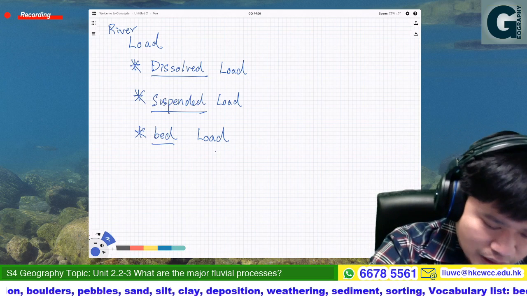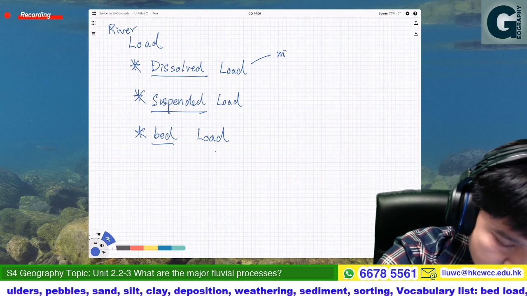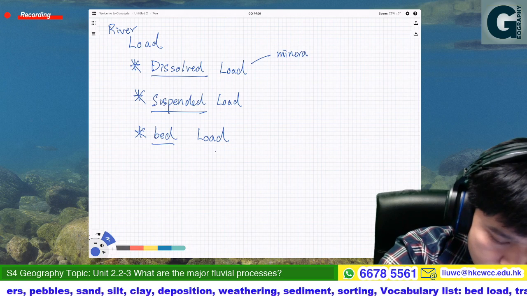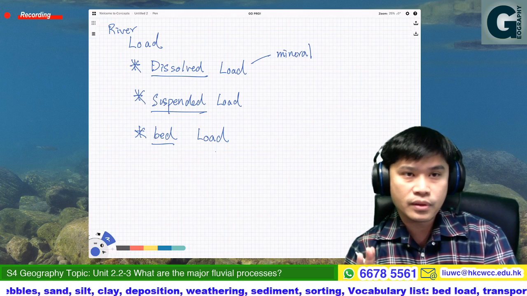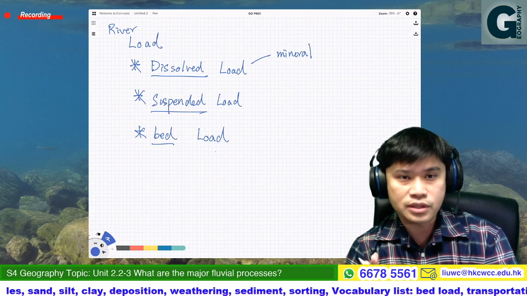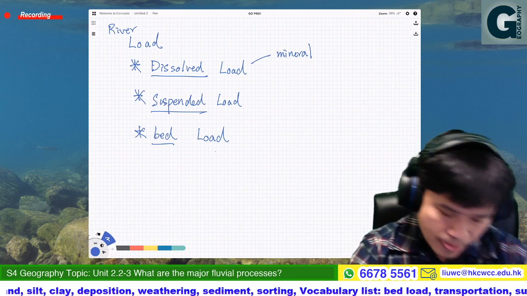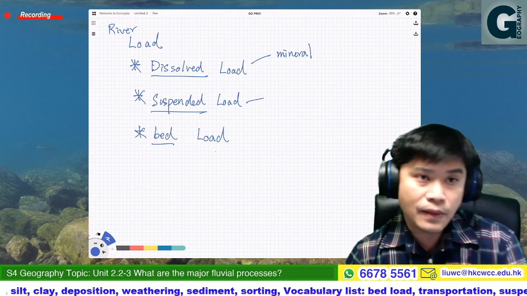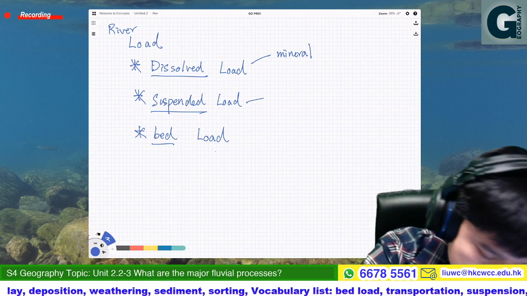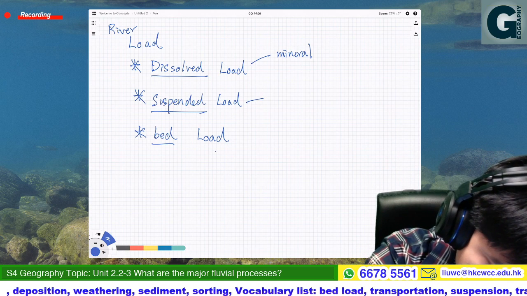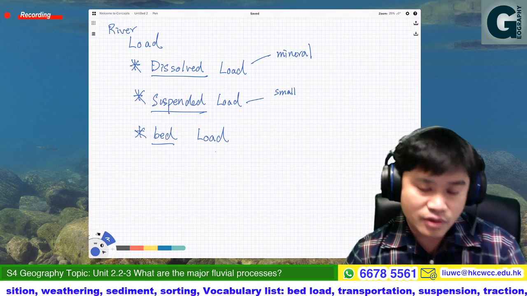Dissolved load means some mineral can be dissolved in the water. And suspended, you may understand that. They are actually very small.